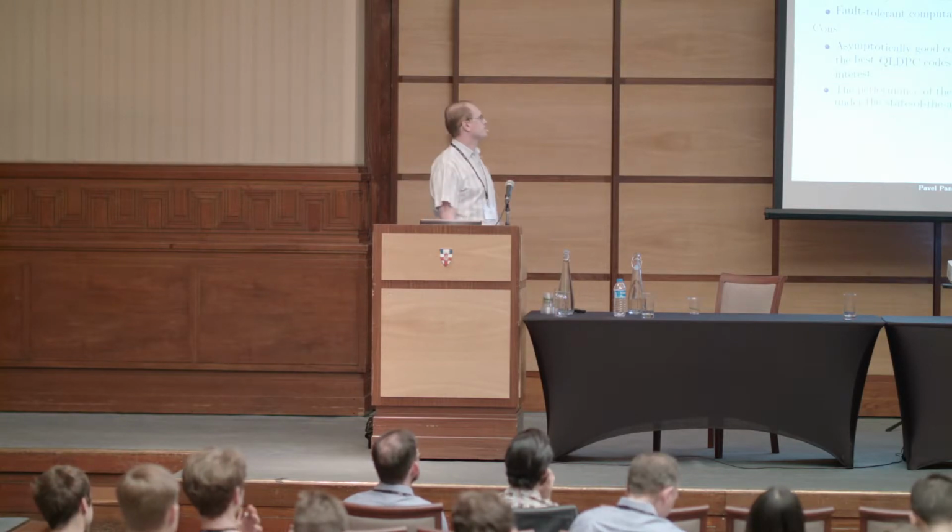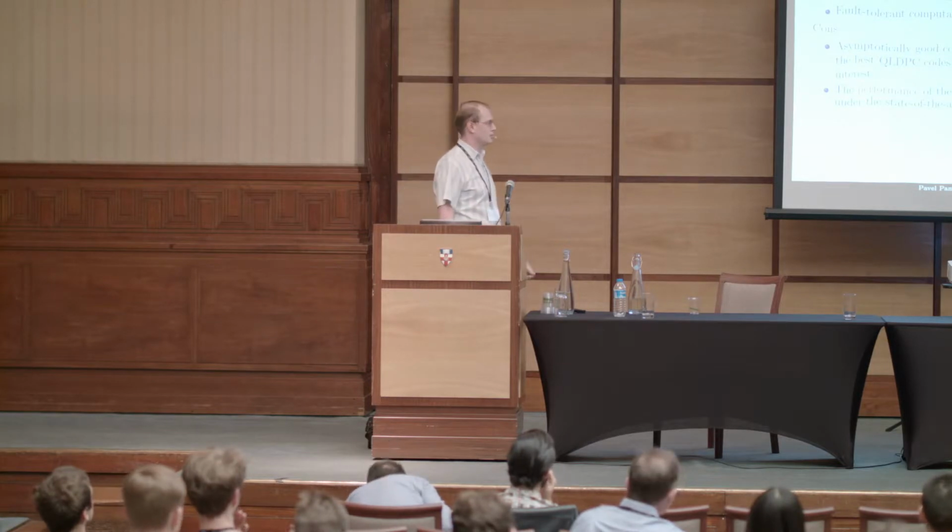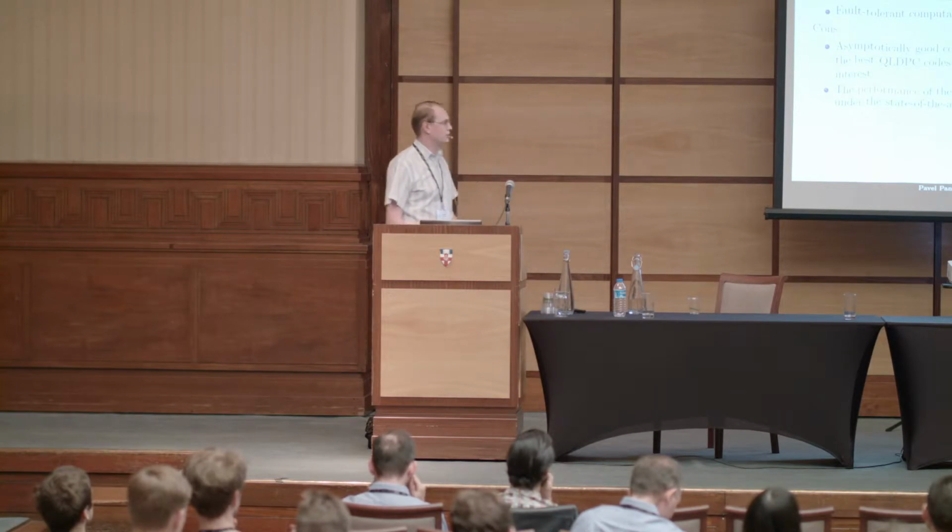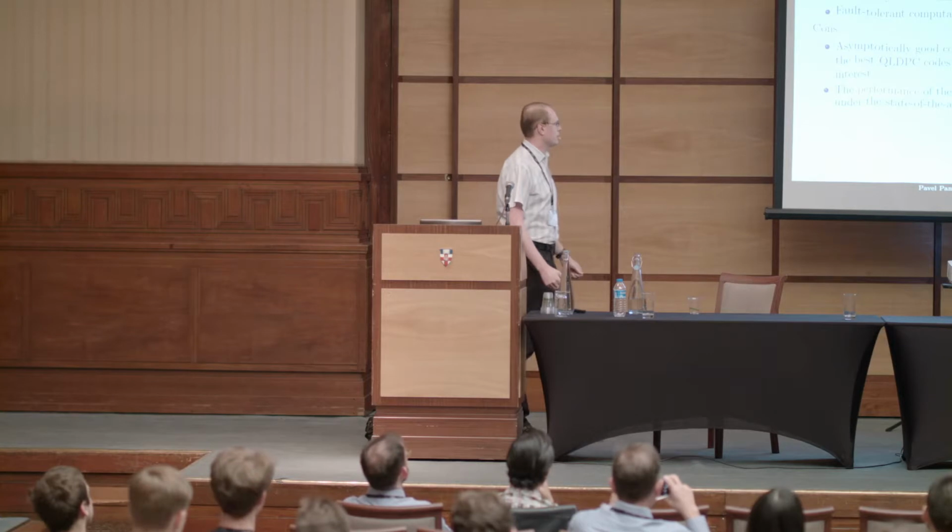Also, the performance of the proposed codes is far from optimal under the available decoders. Mostly these are BP decoders and some of their modifications. Mostly this is attributed to two things.